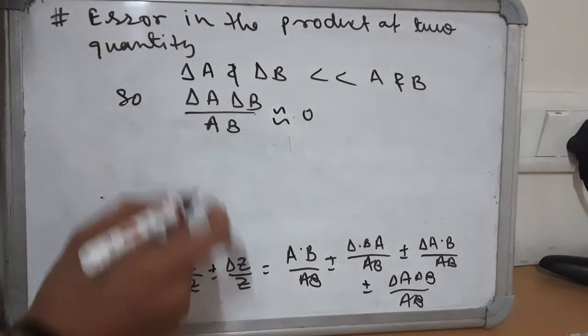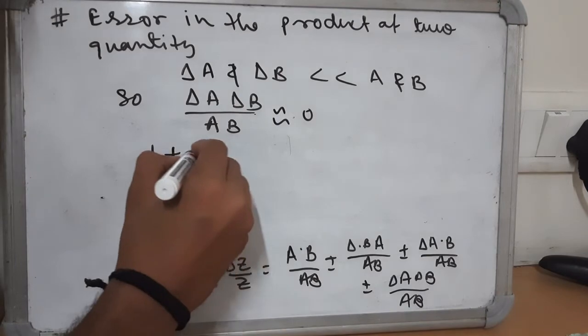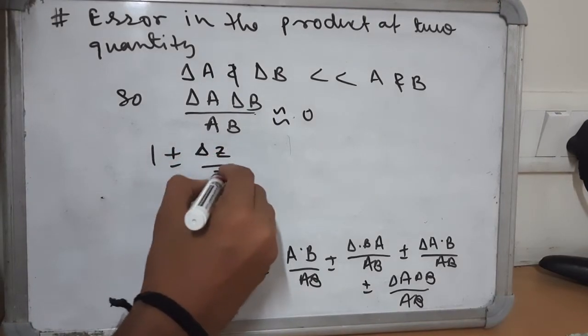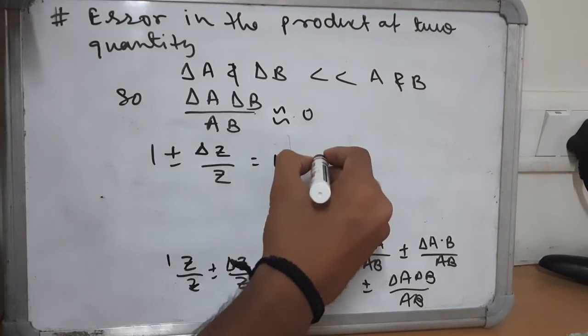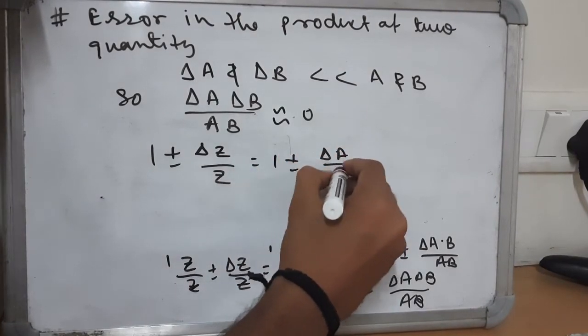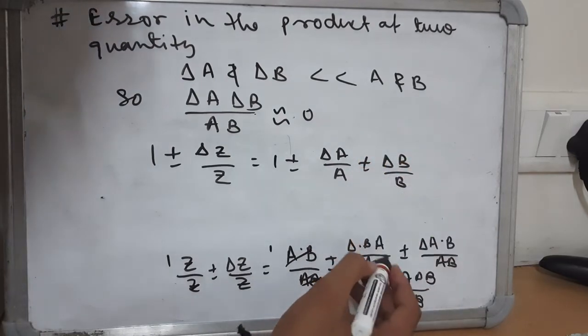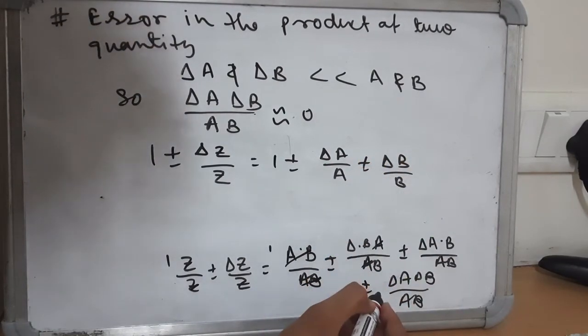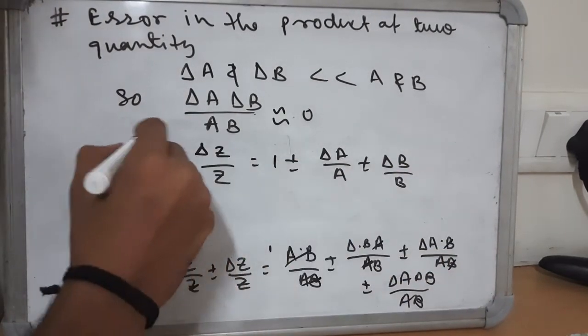So we can write 1 plus minus delta Z upon Z equals 1 plus minus delta A upon A plus minus delta B upon B. As we can see, this A and this A will be cancelled out, this B and this B will be cancelled out, and we are left with this expression.